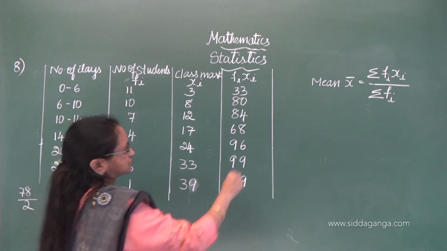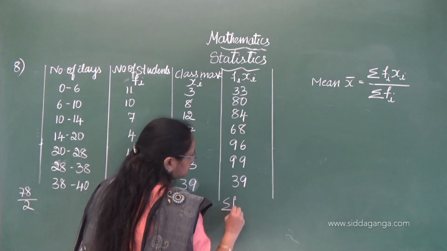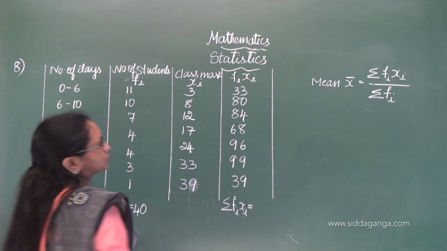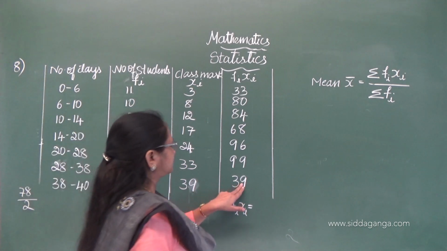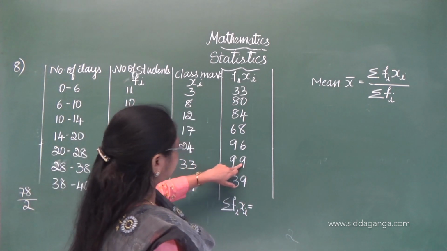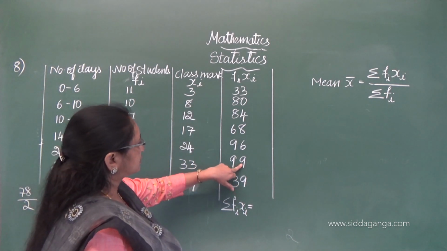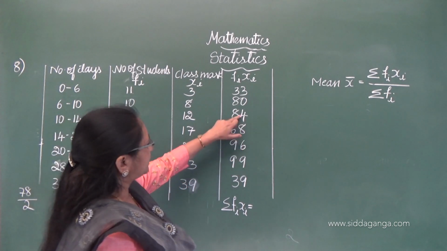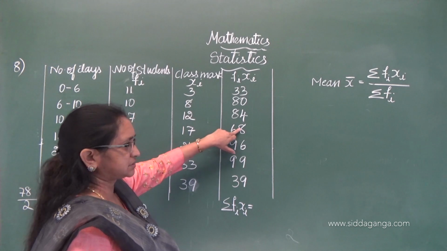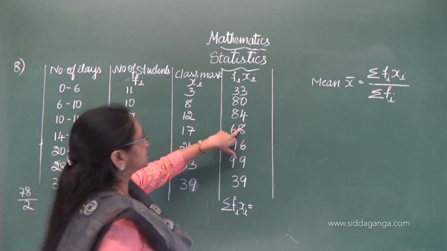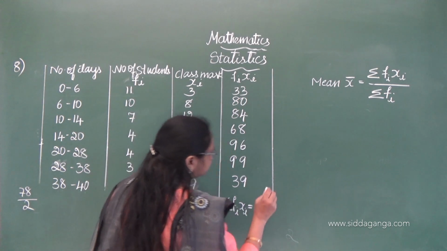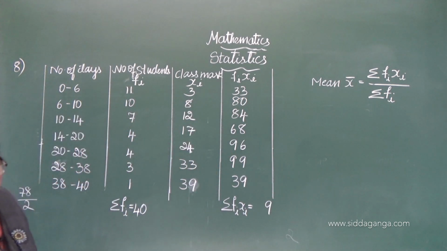Next, sigma fi xi means this column, so you have to add here: 9, 18 plus 6, 24, 28, 28 plus 8, 36, 37, 38, 39.